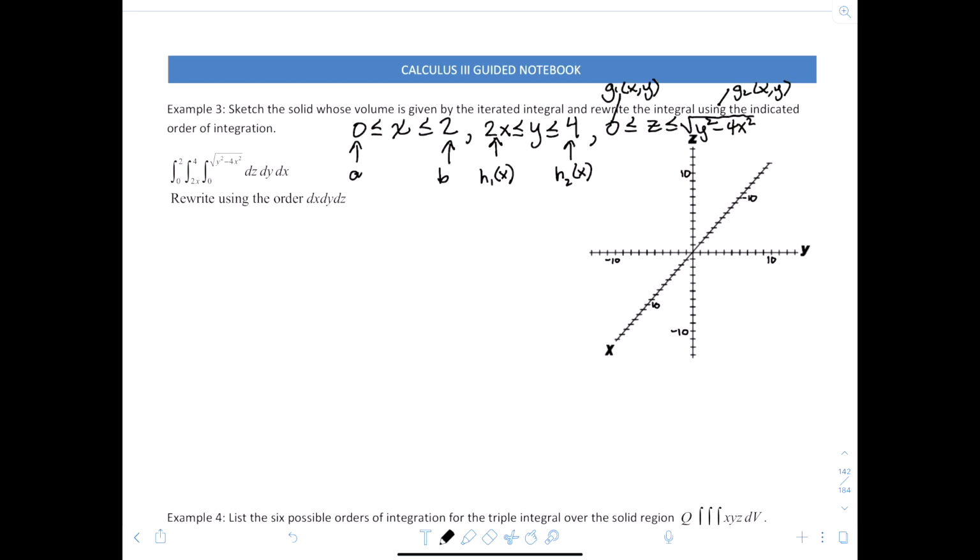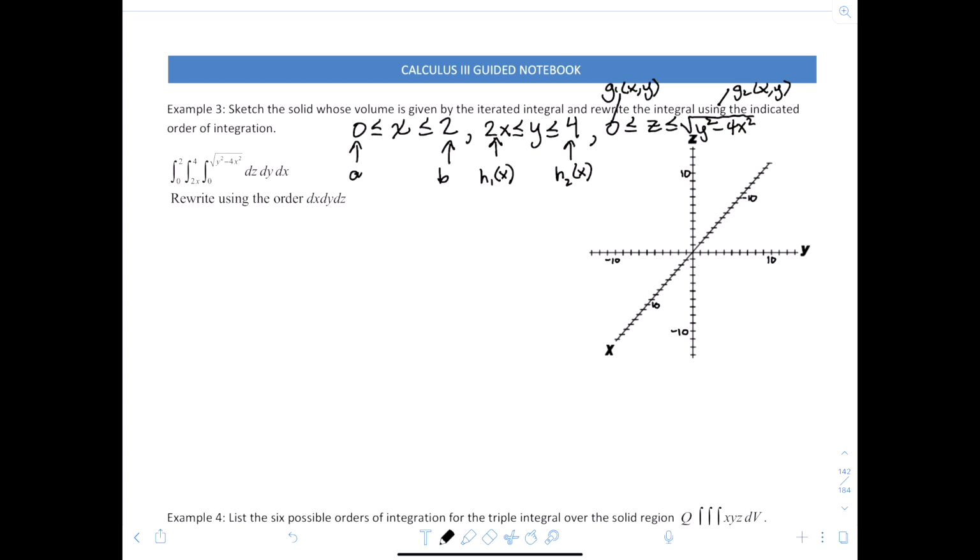Now we are being asked to not only sketch the solid, but we want to rewrite the order where dx and dz are switched, right? And so what we need to find out is x is going to have to be written in terms of y and z. Does that make sense?